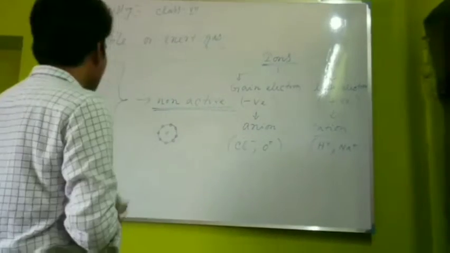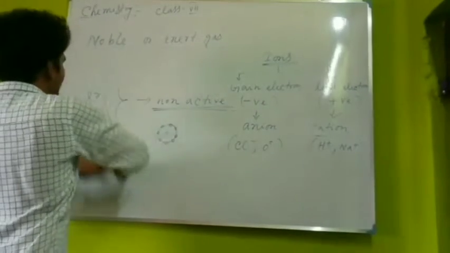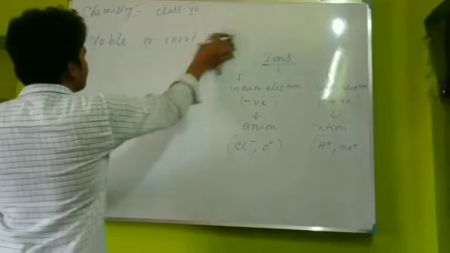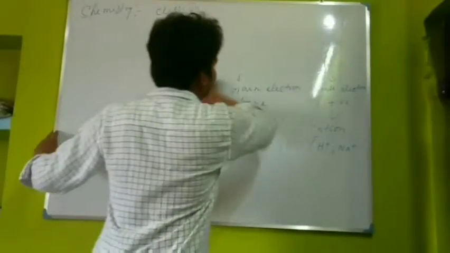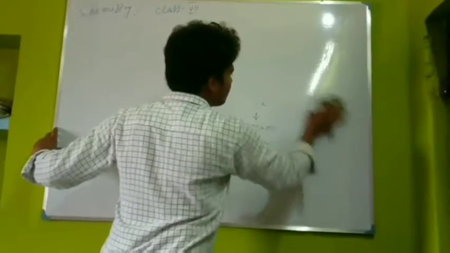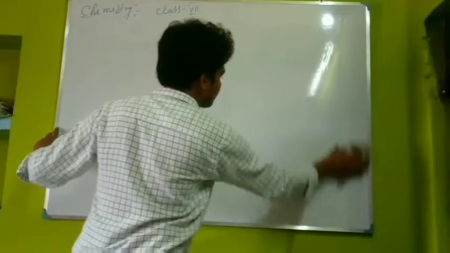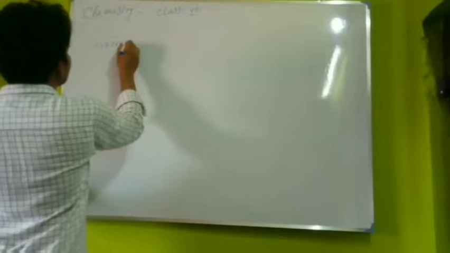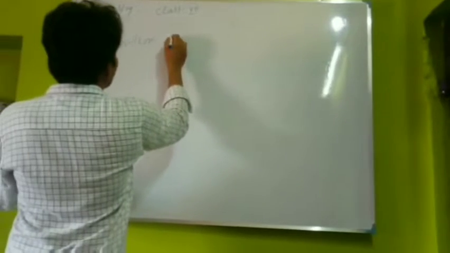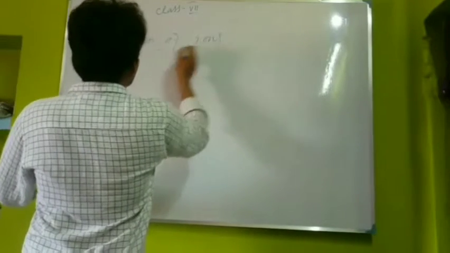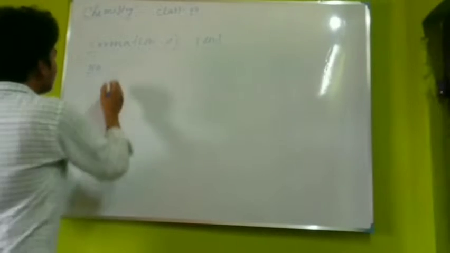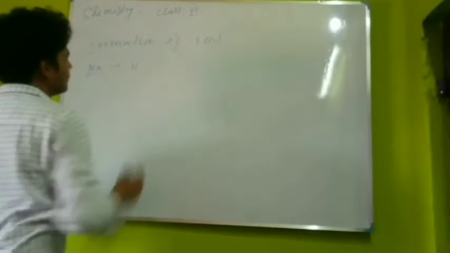Now, how are the ions formed? Formation of ions. So let's see. At first you take sodium. The atomic number of sodium is 11.